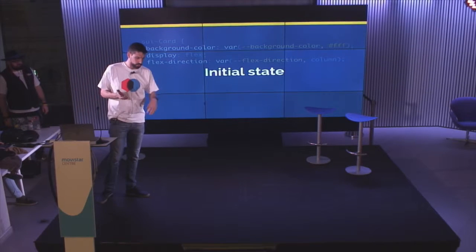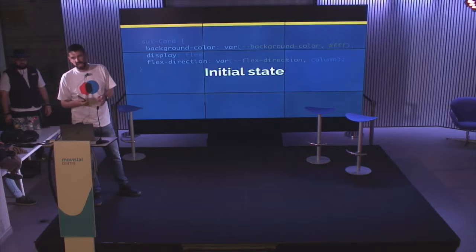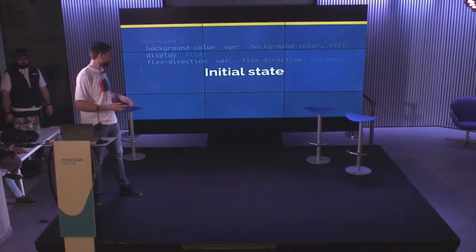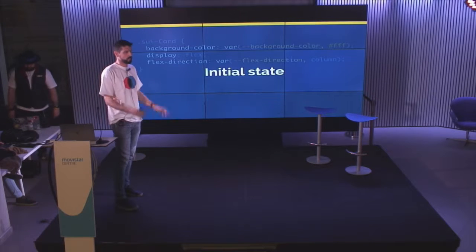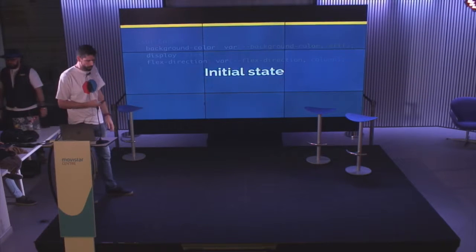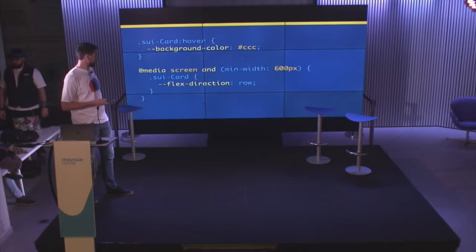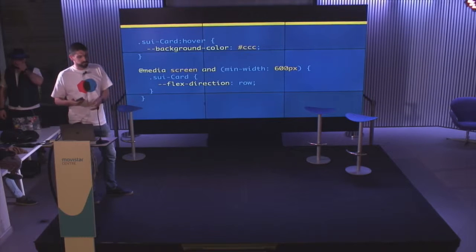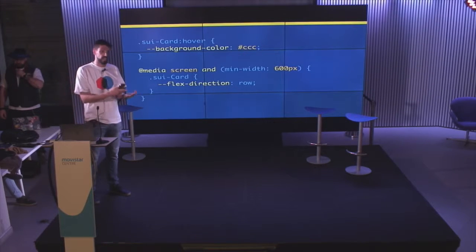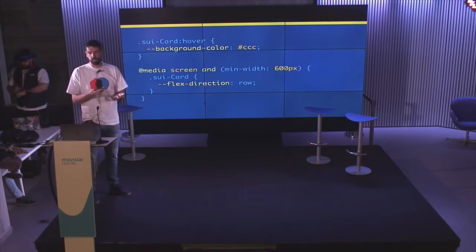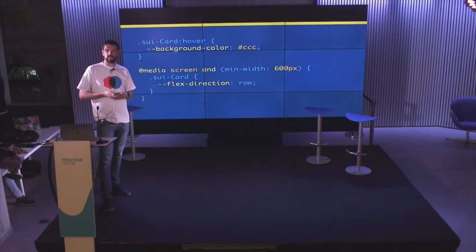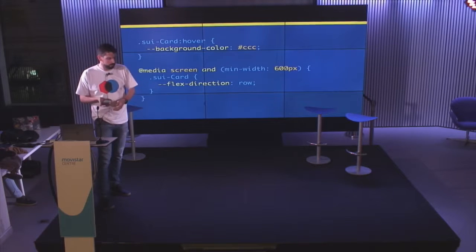So we can focus on responsive design, on mobile thinking, because we have the very basic picture of a component. What happens after? What happens after is a user interaction or even a change of the browser behavior.